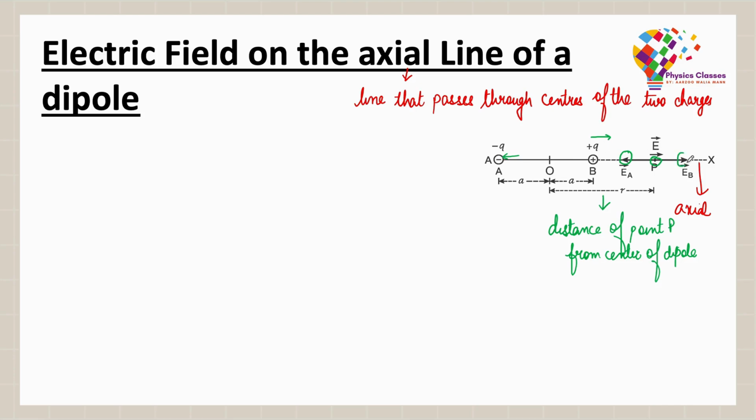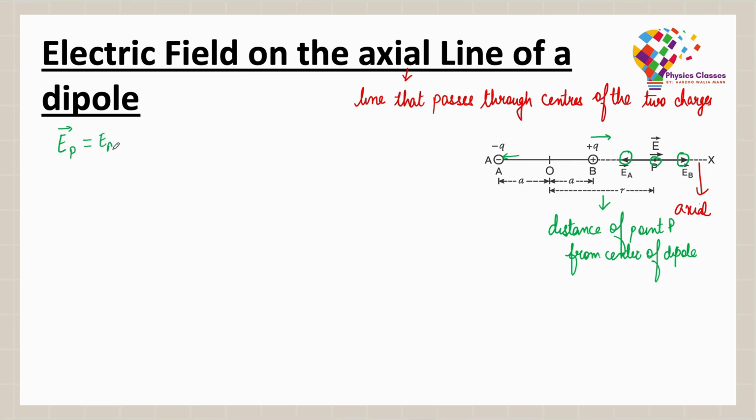It is towards the right. Since the electric fields due to the negative charge and the positive charge are in opposite directions, when I take the vector addition, I will have to take the directions into account.